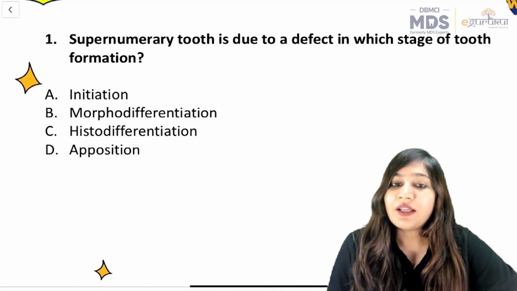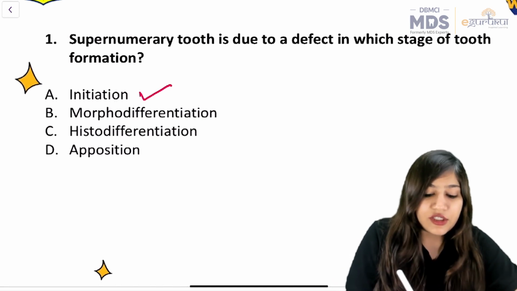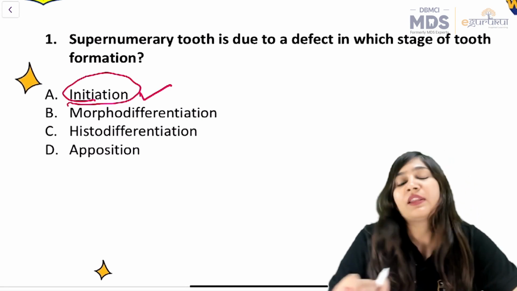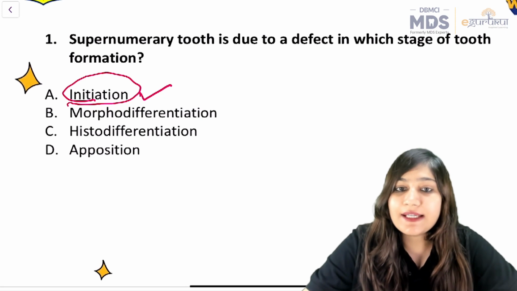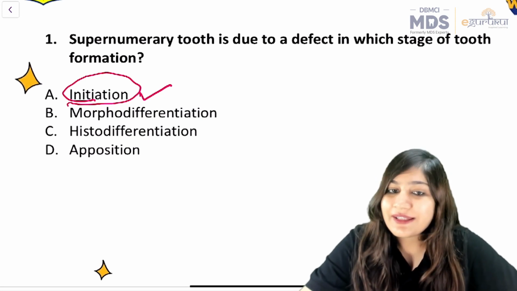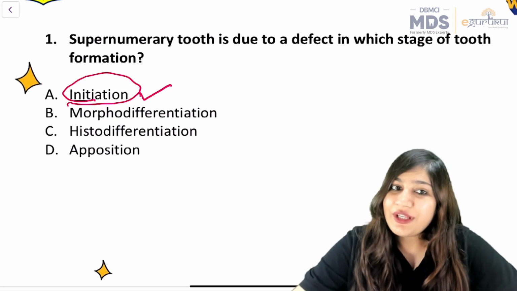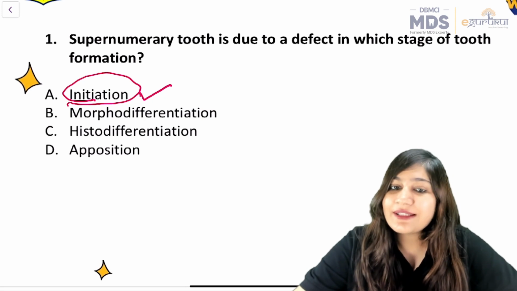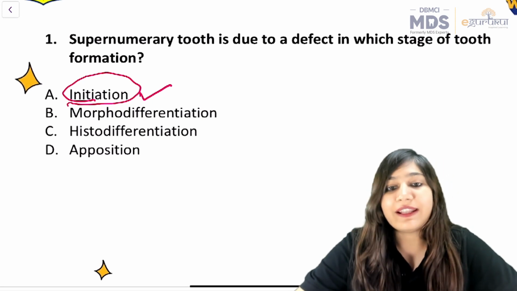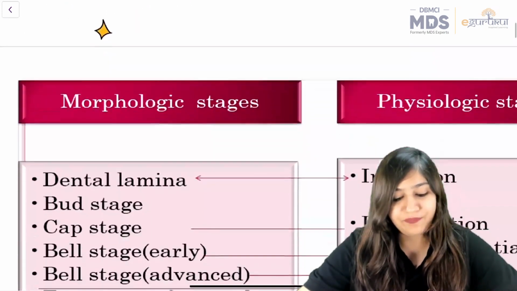So, the answer here is initiation. Now coming to the answer, why is it initiation? These are the physiologic stages of tooth development. In the tooth development topic, we have discussed the stages of tooth development. They are morphologic stages as well as physiologic stages.